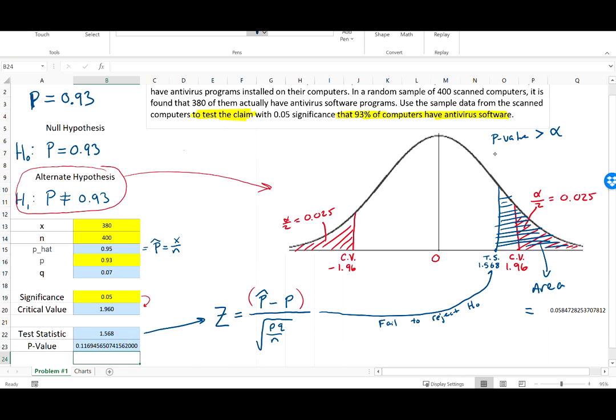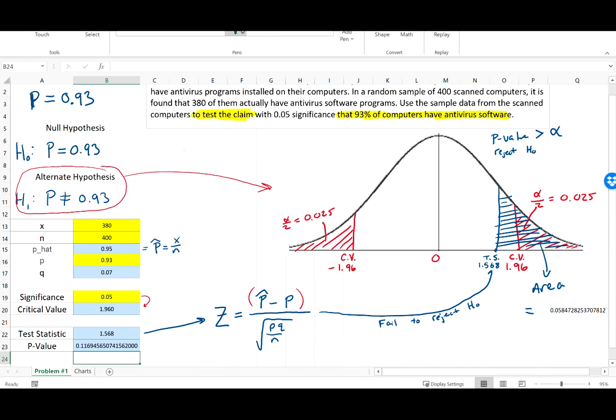So that tells us to fail to reject the null hypothesis. This question of whether or not we reject the null hypothesis can be found using the test statistic and the critical value, or using the p-value and the significance. Either way, you're going to get the same result.